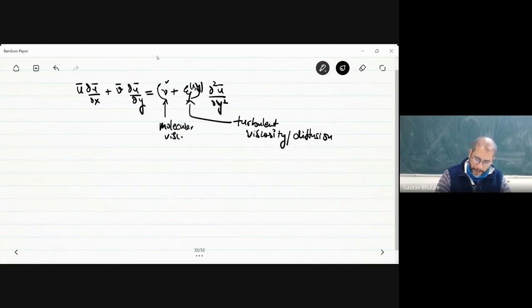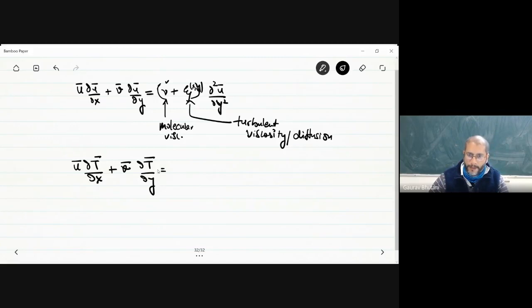Similarly, if you look at the temperature equation, so we had, so earlier we had the coefficient alpha, that was the thermal diffusivity, but now we add another coefficient of diffusion, which is xi, which again brings in the effect of turbulent diffusion.